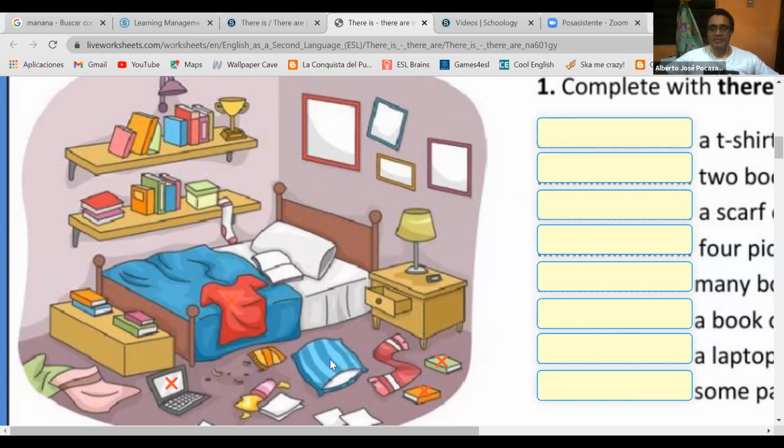There is a pillow on the bed and there is a pillow on the floor. And what's this? Is this a pillow? It's a bag of fries, a snack. All right, so there is a pillow on the floor, you said, Alberto. Okay, very good. Continue, please, Giovanni.